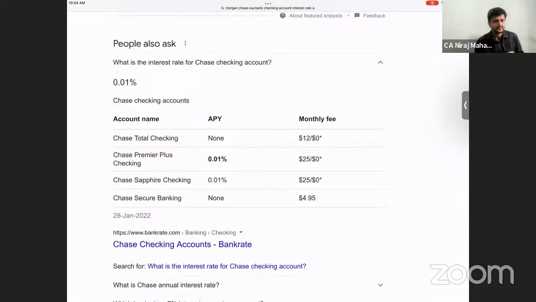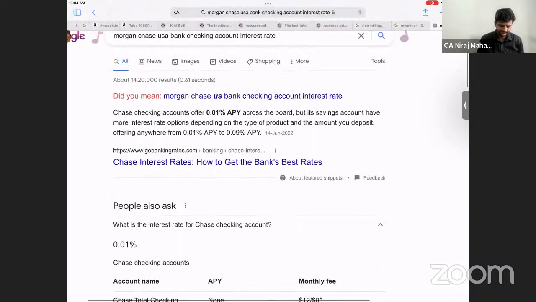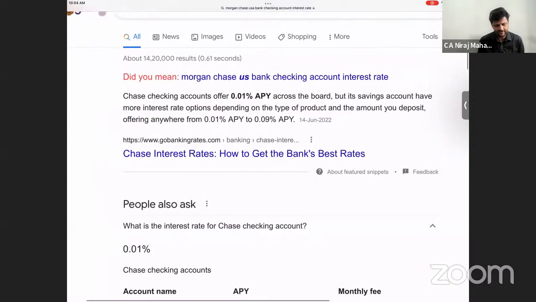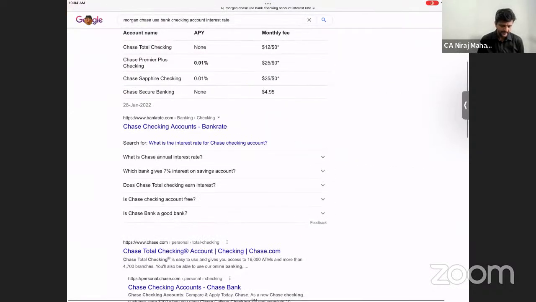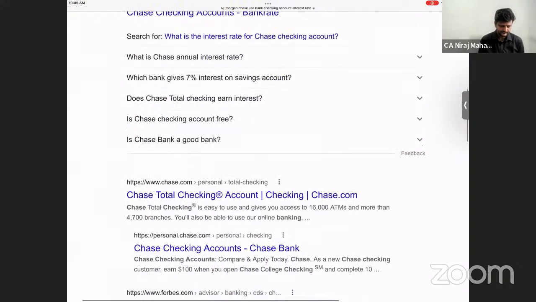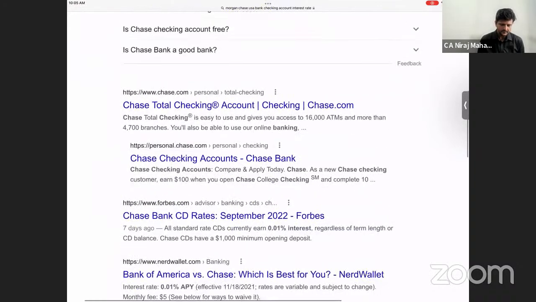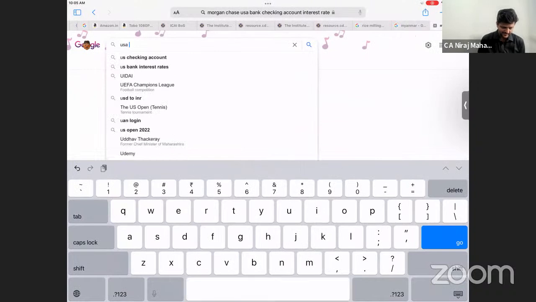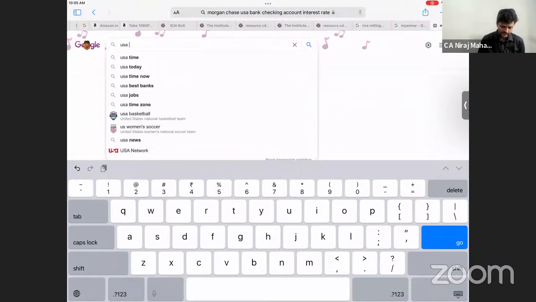Just saying, 0.01% to 0.09%. Very nice. You can take any bank account in USA, actually USA checking accounts.